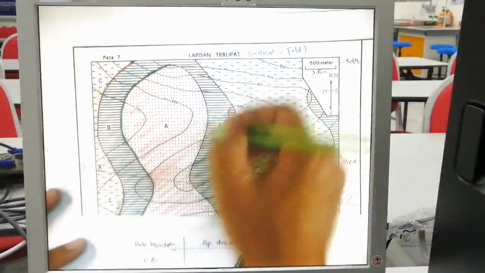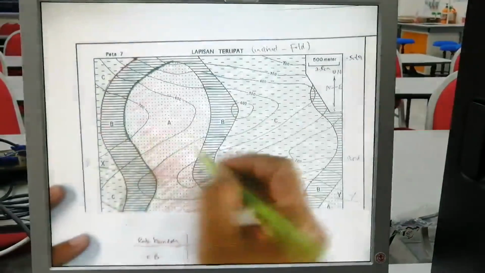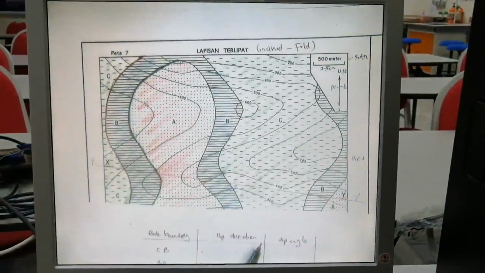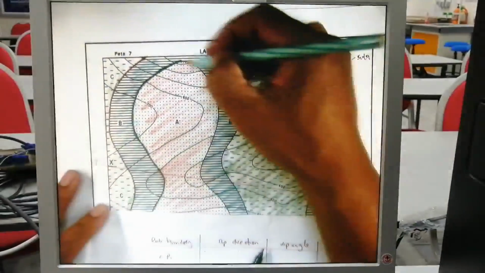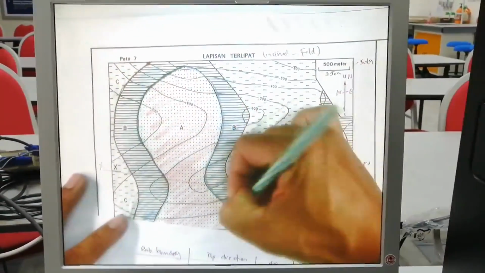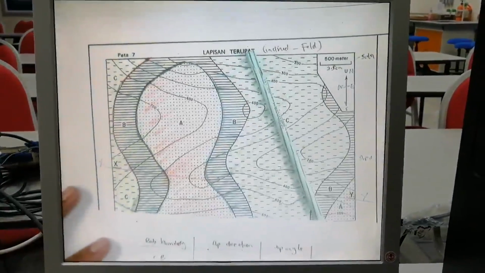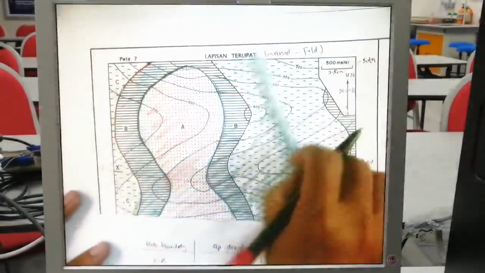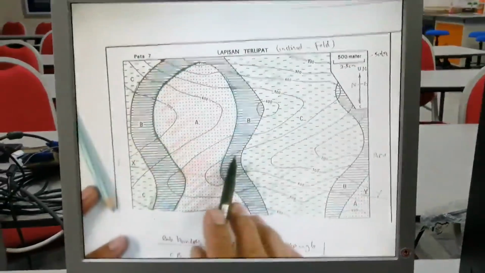Another boundary is AB. BA and AB are different. So the third is BAB, and then another boundary is BC.